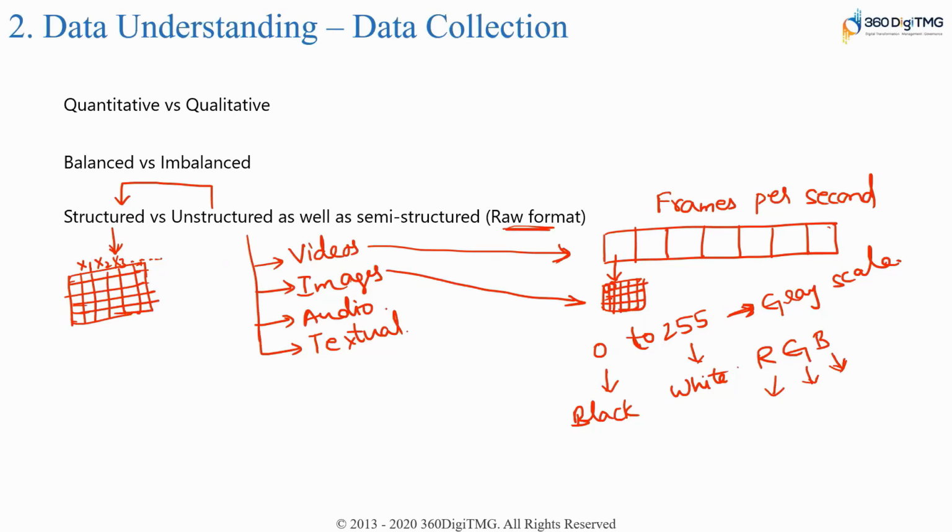Good. When you have audio files, which in raw format are unstructured, people apply techniques such as Mel frequency cepstral coefficients. And when you apply that, you can convert your unstructured audio file into a structured format. That means you can represent that in a tabular format.